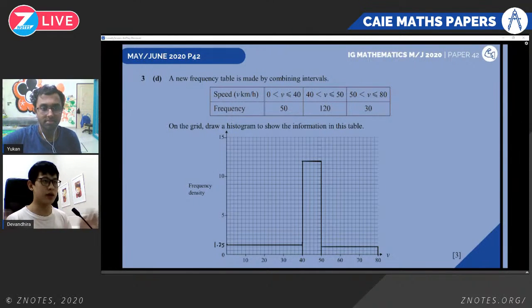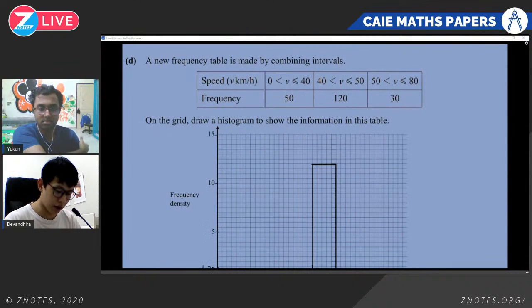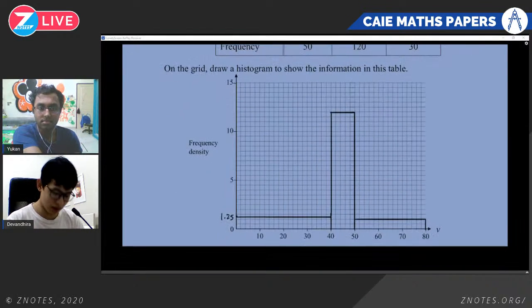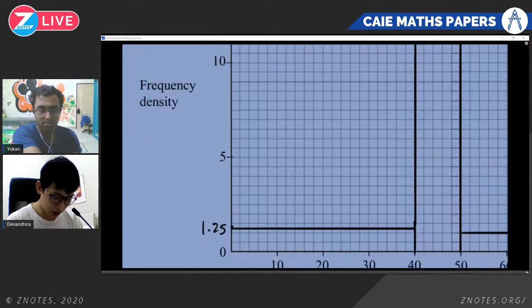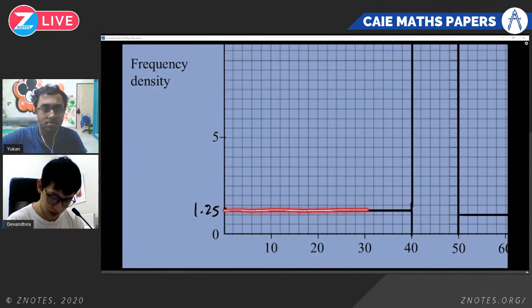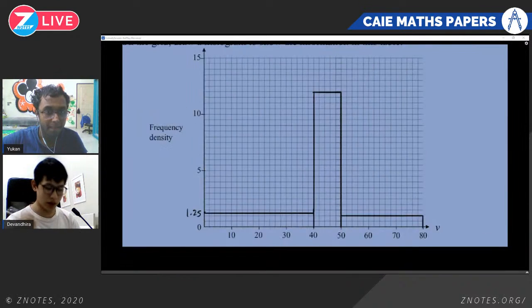So our frequency density is our frequency, which is 50, divided by 40. And 50 divided by 40 is just 1.25. That means our height of the graph is 1.25, right? Agree, Yugan? Yep. All right, so that's for the first part.